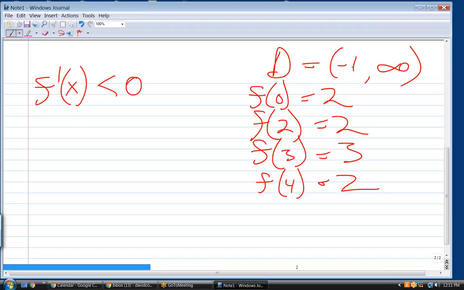I thought the domain was between -1 and infinity. It says, so it gives you the derivative is here. I'd rather, can I send you a picture real quick? Sure. There we go.